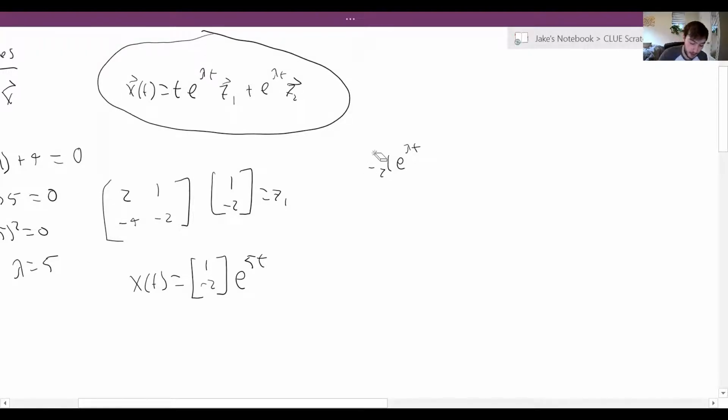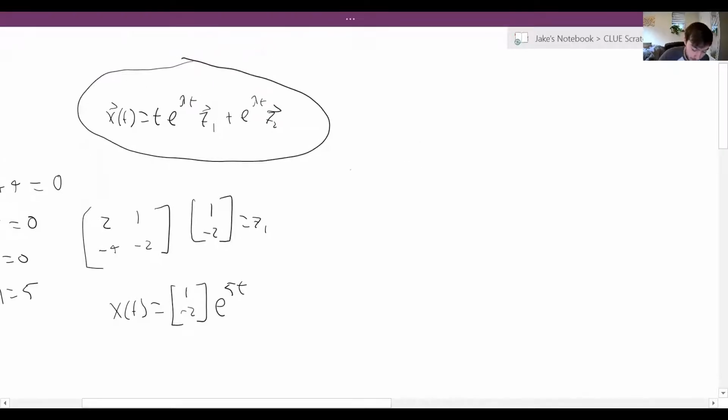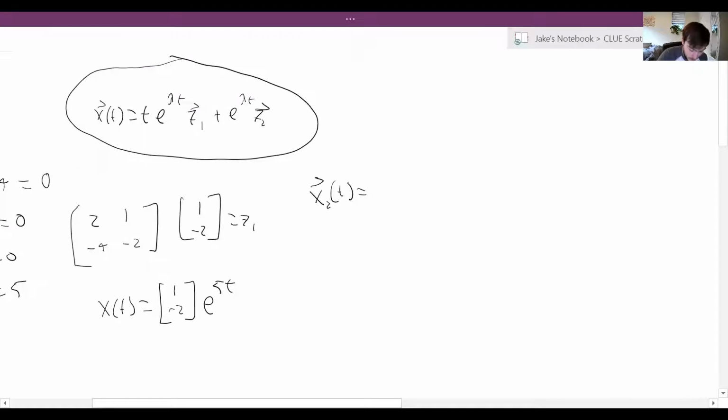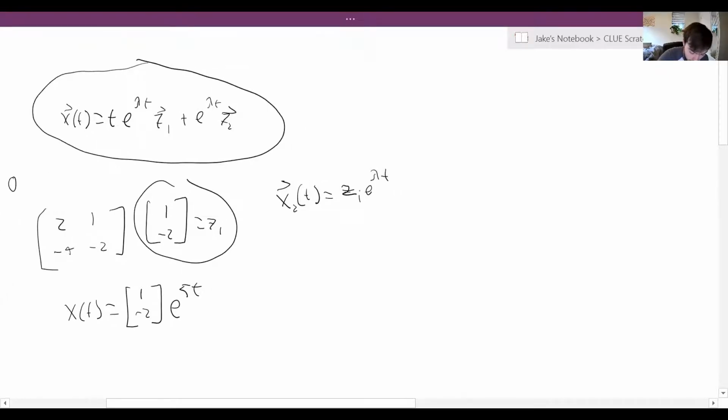So what ends up happening is we use this as our guess instead. We guess that our x2 of t is going to be z1, and remember, z1 is our first eigenvector, so z1 t e to the lambda t, or I'm sorry, I'm missing a t here, z1 t e to the lambda t plus z2 e to the lambda t.